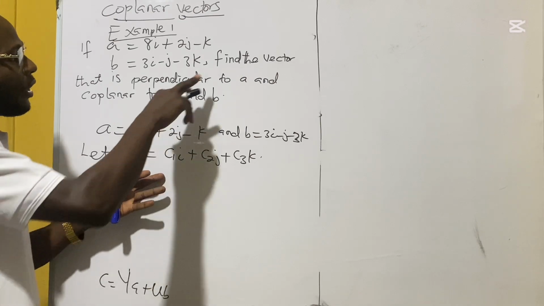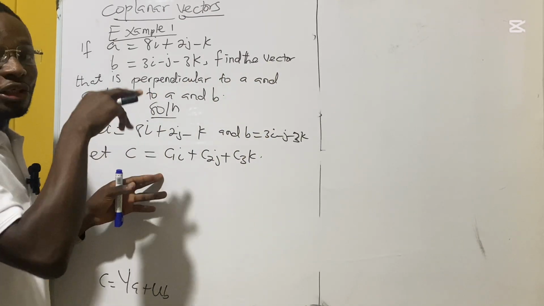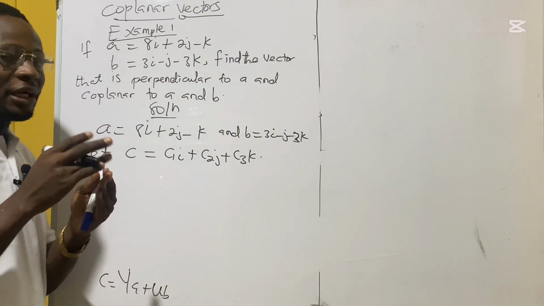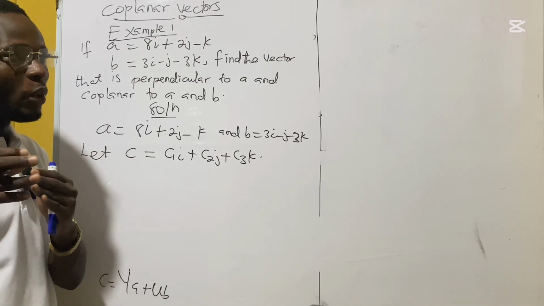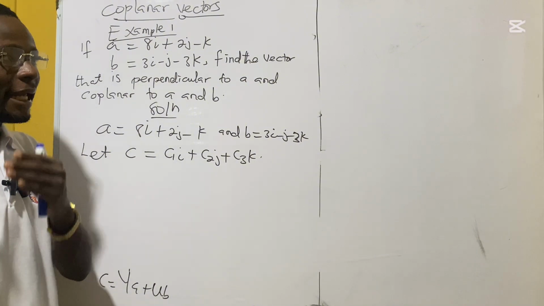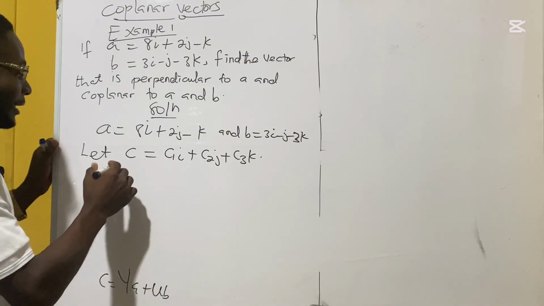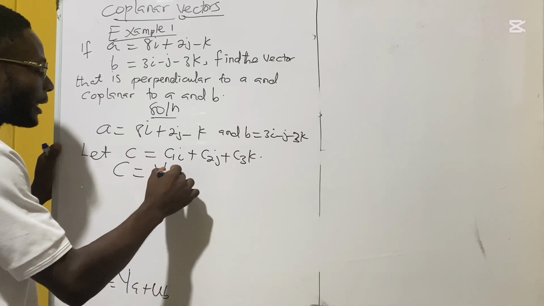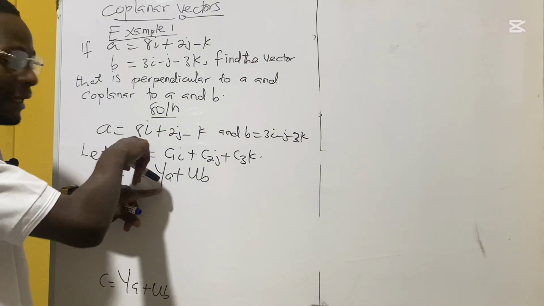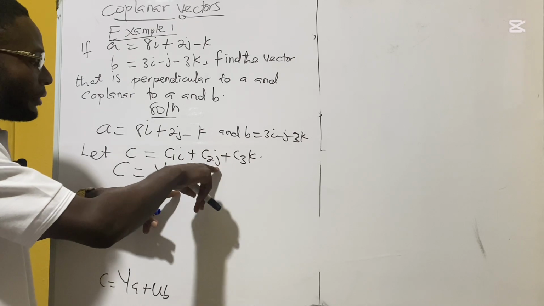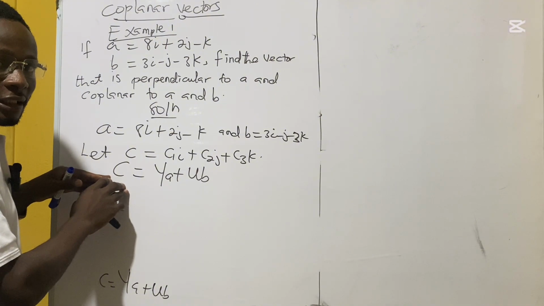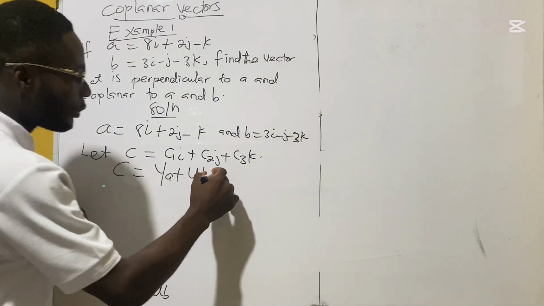Now, we are interested in finding the vector that is perpendicular to A and coplanar to A and B. We know that if C is coplanar to A and B, then it means that C is equal to gamma A plus mu B. It means when you multiply vector A by any scalar plus vector B by any scalar, you get another vector. So that is what we are going to do here.